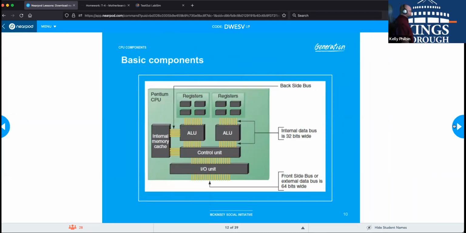So inside of a chip, we have a few basic components we need to be aware of. We have our main part, which does the actual computations, which is the ALU, our algorithmic logic unit.